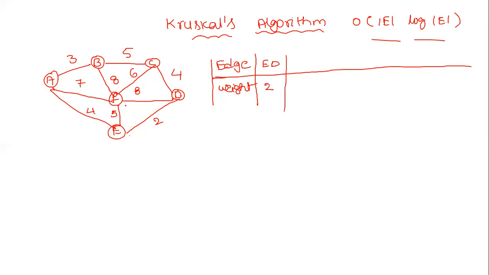After that, AB with 3. Then all remaining edges: AE and CD, both with weight 4. After that, BC, which is 5, and FE also 5.